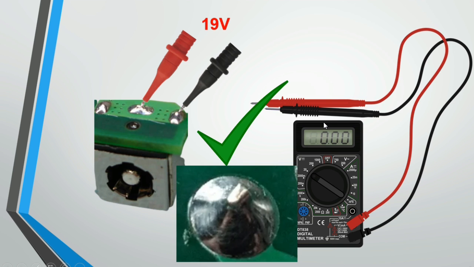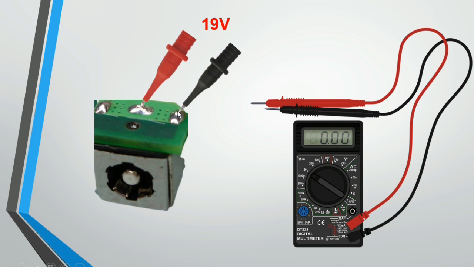And using the multimeter, you have to check the 19 volts. You put the black probe in the ground terminal of the power jack and the red probe of the multimeter to the high pin of the power jack, and then you should measure 19 volts or 18 volts, in accordance with the type of the adapter.